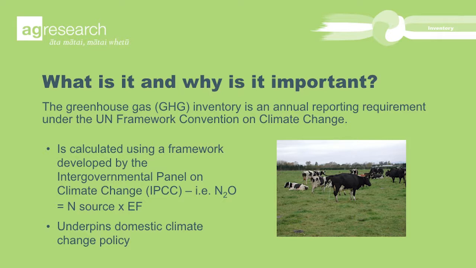So how do we calculate the greenhouse gas emissions, particularly nitrous oxide emission? We follow the IPCC framework. It looks quite simple. The amount of nitrous oxide emission equals nitrogen input times emission factor. Here we have two factors that affect the total emissions.